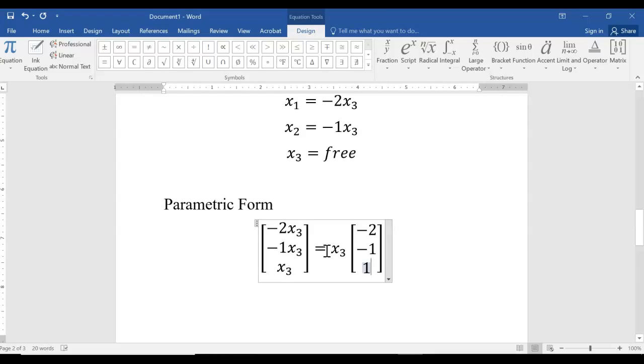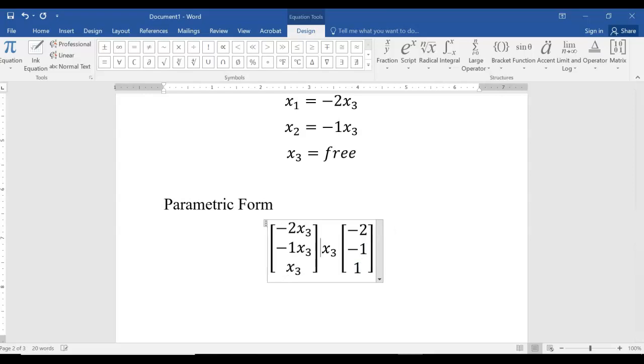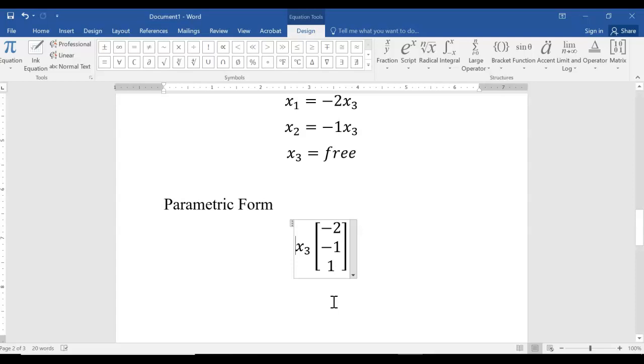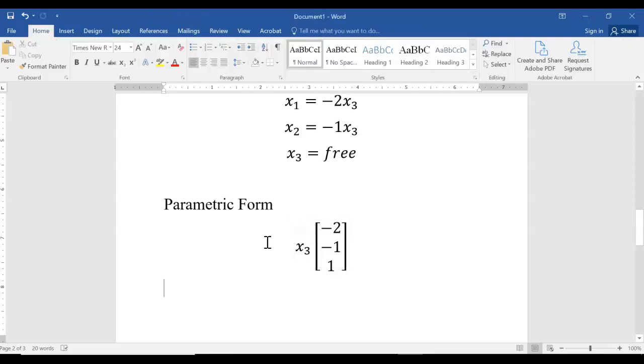That's what parametric form is. Parametric form in this case would just be this vector. Like always, you can put the variable in front or in back, but that's it: a typical vector multiplied times a variable. That's the parametric solution to the matrix equation.